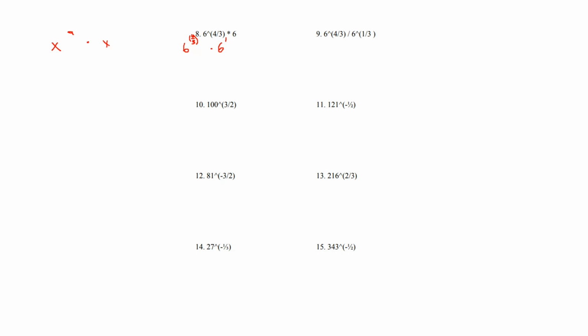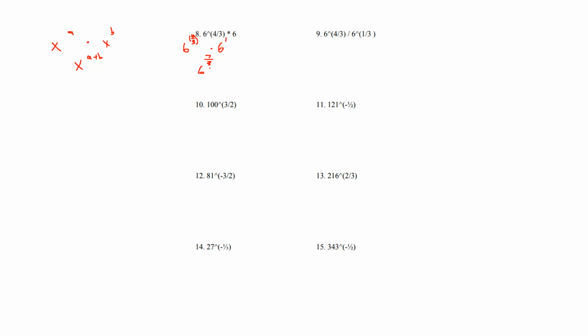That's just an exponent rule that you need to know. So if you're multiplying two terms with the same base, then you could just add the exponents. So this would be 6 to the power of 7 over 3.